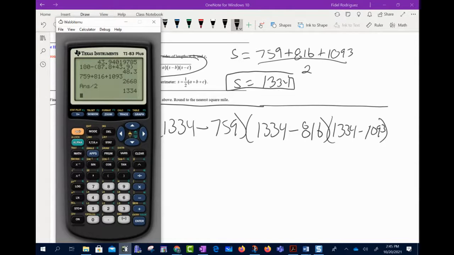So let's go ahead and do that. So I'm going to go second square root. Okay, now it's opening up a whole bunch of stuff here.